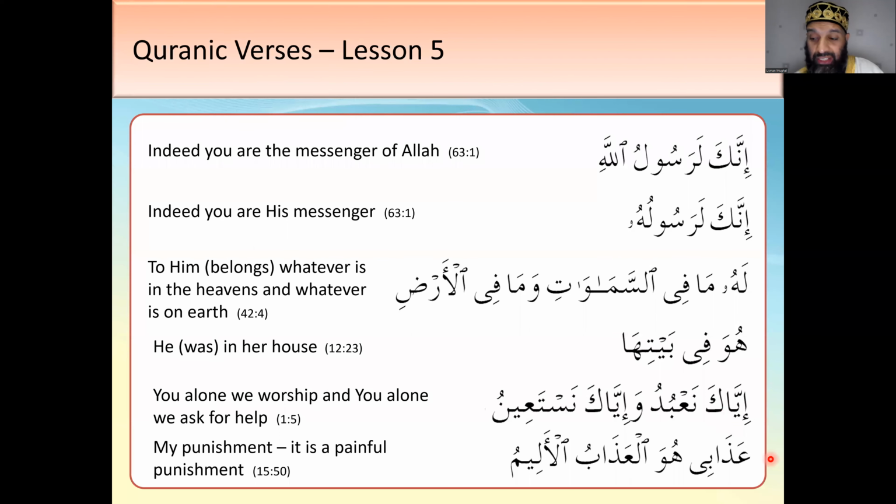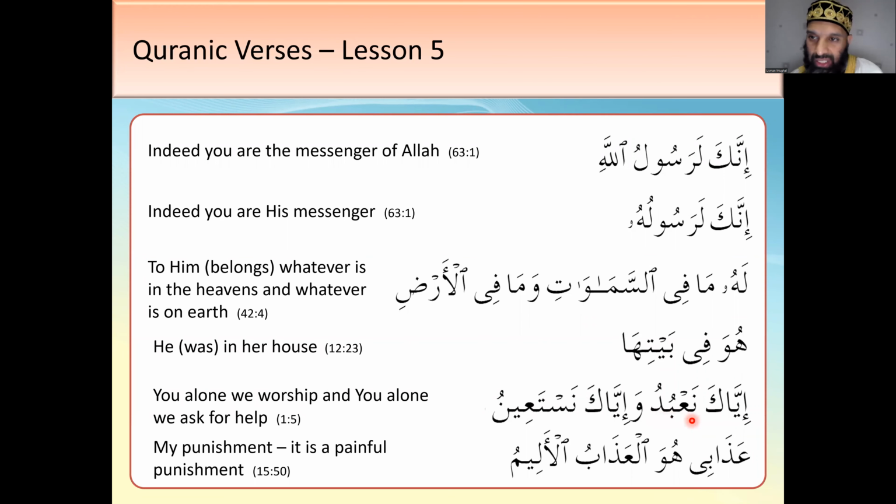So Allah subhanahu wa ta'ala decided to use it for himself. Iyaka, you alone. Na'budu. We've not done na'budu, yeah? But abada, ibada is coming. Can you see it? Abada. Can you see that in there? Ain, ba, and dal. Abada, ibada. Yeah, it's in there, right?